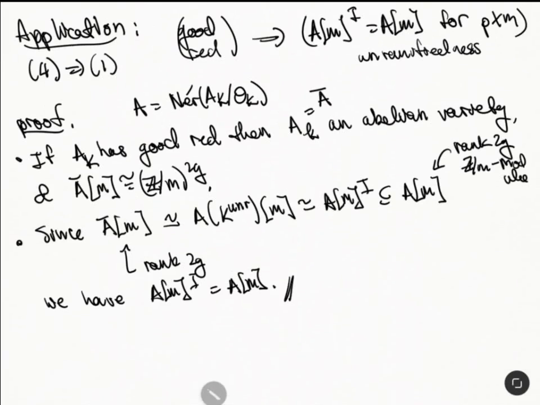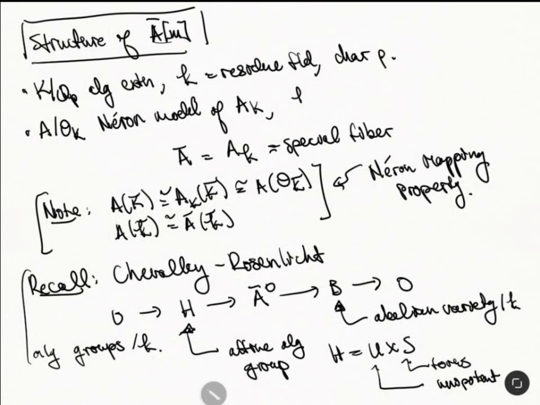Okay, so let me remind you what we're doing here. We're talking about the structure of this thing, and I'm going to apply this in order to get properness. So to show that when we have torsion being unramified for arbitrarily large n, the special fiber of the Néron model is proper, and that is going to allow us to show that there's good reduction.